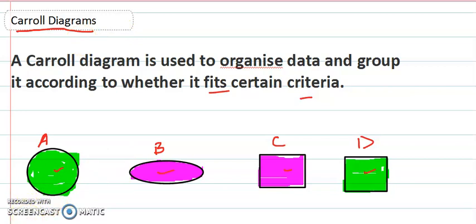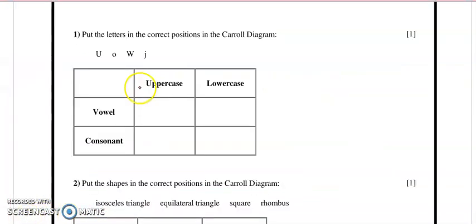So let's see with a few examples how we can sort things in a Carroll diagram and how it works. Here is an example you can see on the screen: we have four letters. The letters are U, O, W, and J. We need to put them in this Carroll diagram, which will let us know about all the features of these letters easily.